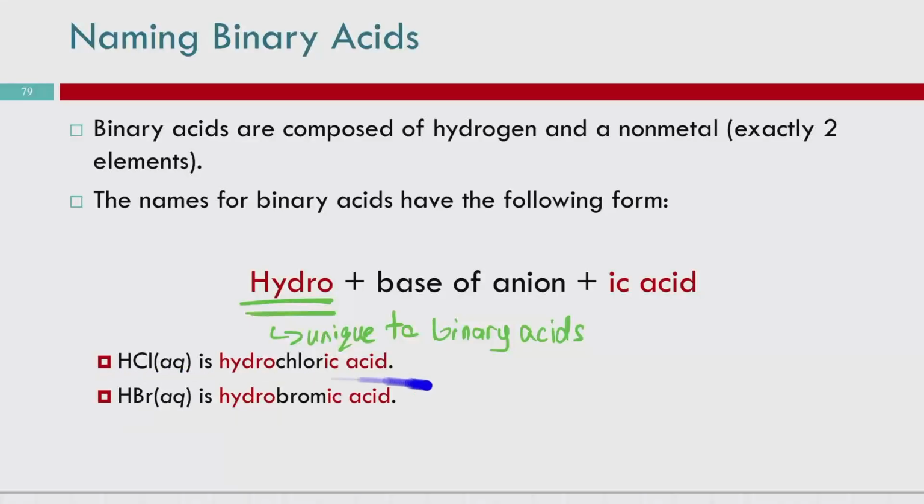So HCl is hydrochloric acid. We do the same thing with HBr. We just swap out the chlor for brom, so it's hydrobromic acid. Hydrochloric acid is sometimes used in toilet bowl cleaners, especially the ones that say that they remove rust rings. Those usually have hydrochloric acid in them.